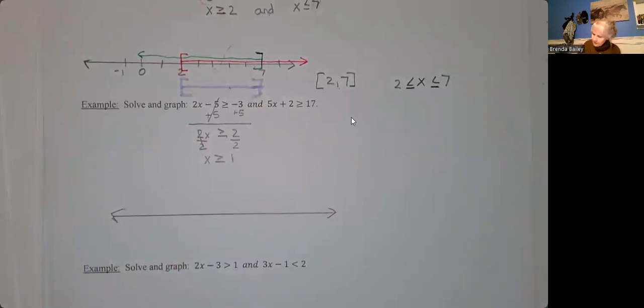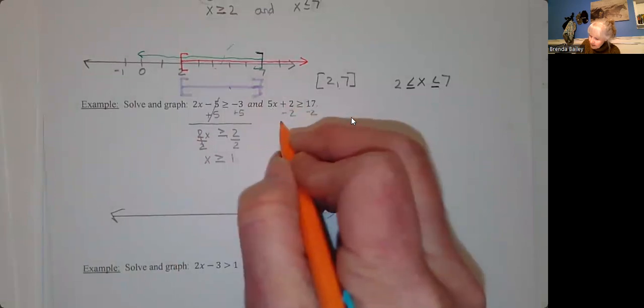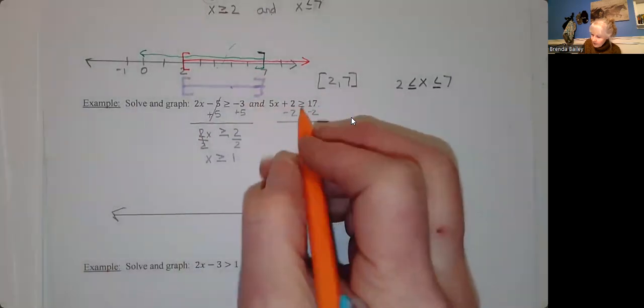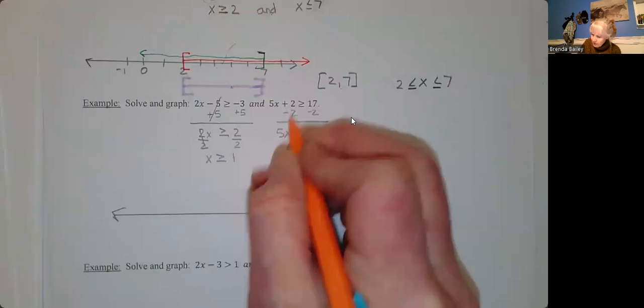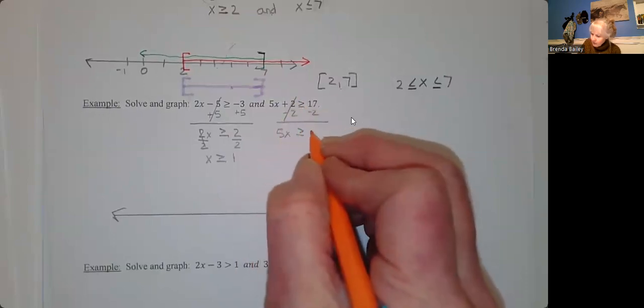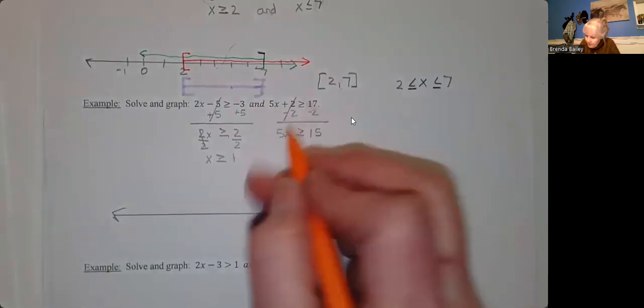Let's do the other one. Let's see, subtract 2. It's nice that they're having these come out to be good numbers as far as integers. We have 5x left. Those are gone. So 5x greater than or equal to 15. All right, divide by 5.